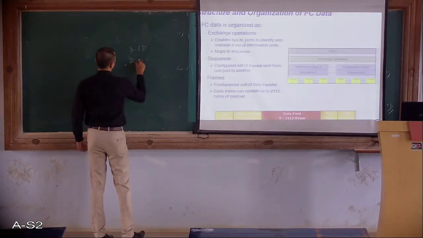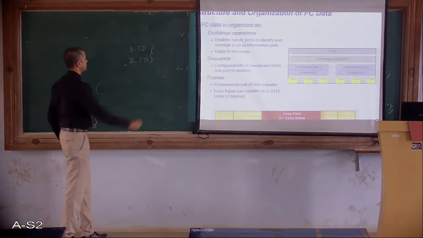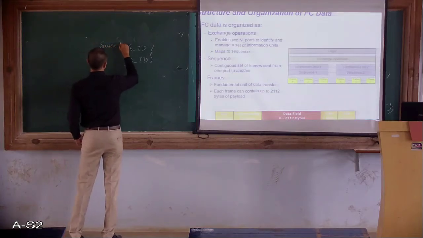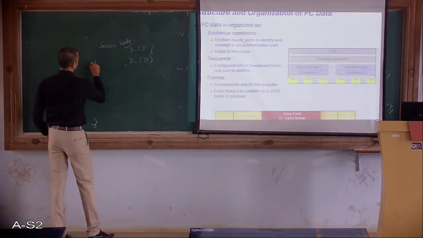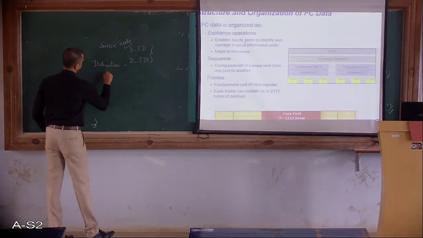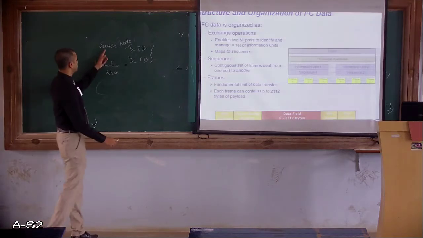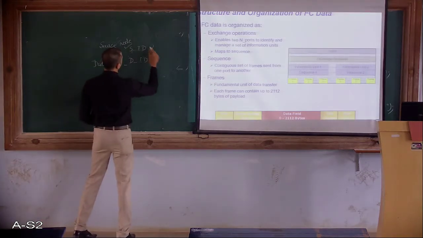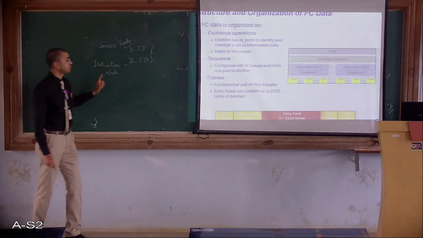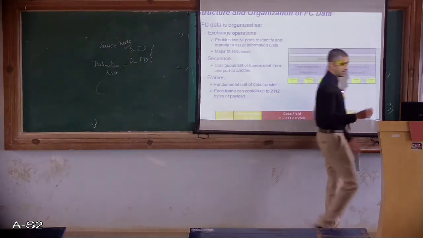The SID refers to the ID of the source node, and the DID refers to the destination node. So this ID is for the node which is sending information, and this ID is for the node which receives information. These IDs are present inside the frame header.